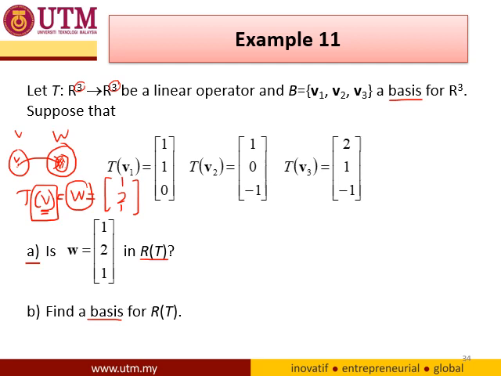Alright, so now we know what they give us and what they don't give us. They give us the W, which is (1, 1), and then they give us TV1, TV2 and TV3. If you remember, we have our fourth property, the linear combination where V equals C1 V1 plus C2 V2 plus C3 V3.